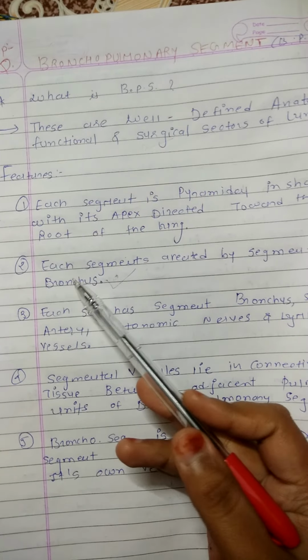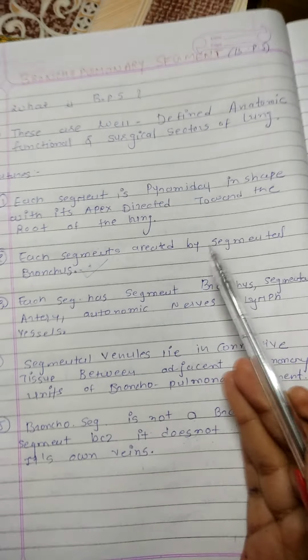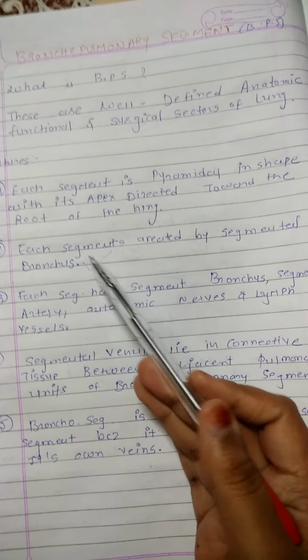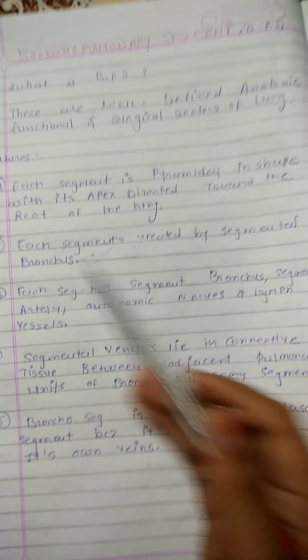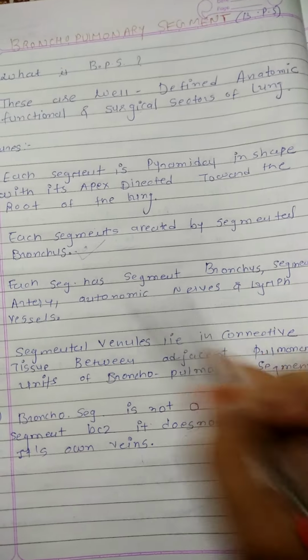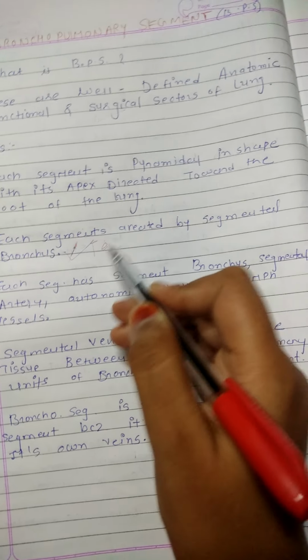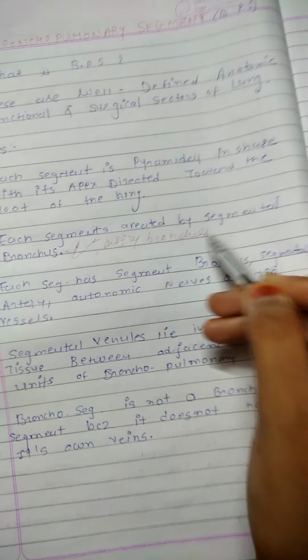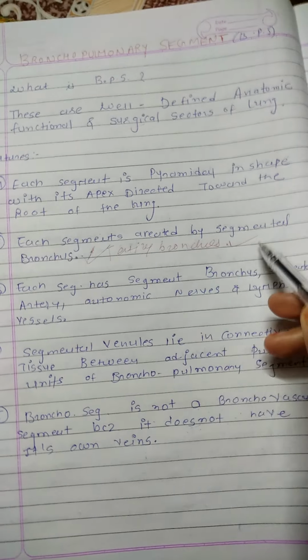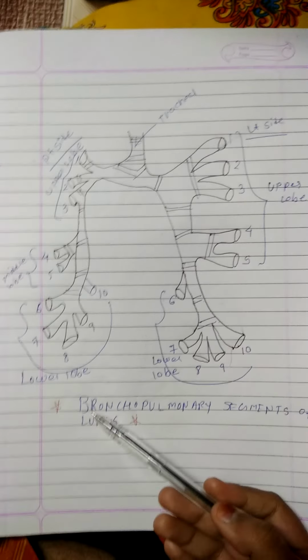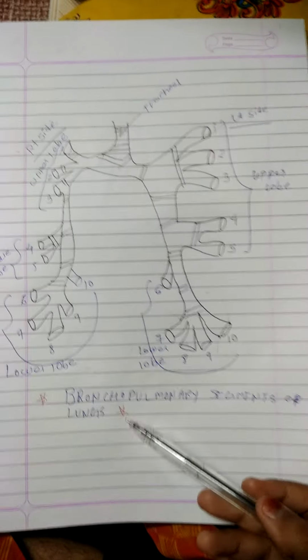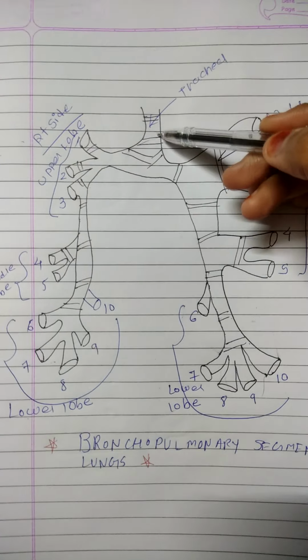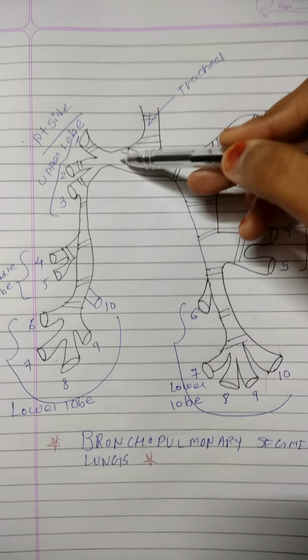Second point: each segment is aerated by a segmental bronchus. Segmental bronchus means a tertiary bronchus. Let's understand this sentence. See here, it is the bronchopulmonary segments of the lungs. Here is the trachea, and the trachea further divides into the primary bronchus.